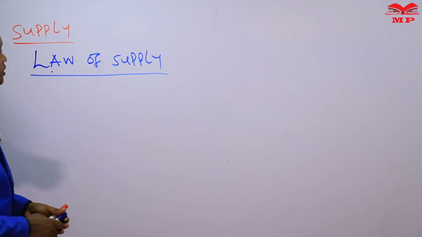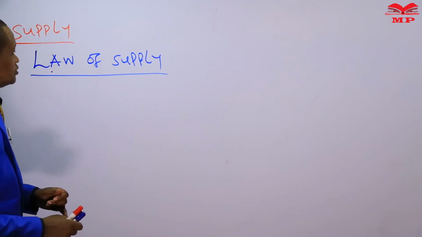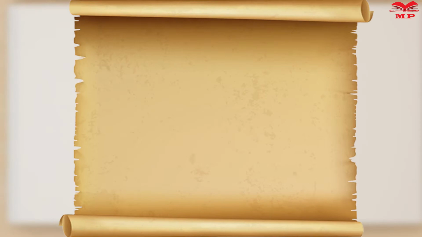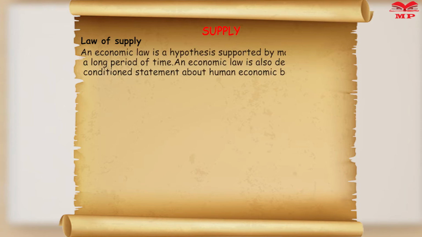And remember what we mentioned in our very first lesson. We defined an economic law as a hypothesis supported by many facts over a long period of time. We defined an economic law as a conditioned statement about human economic behavior.